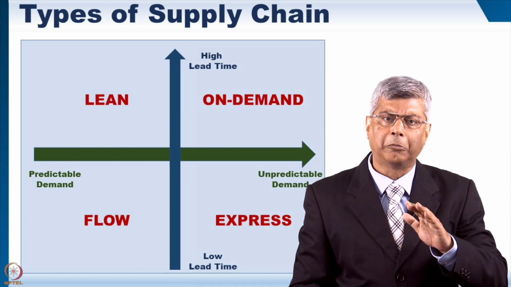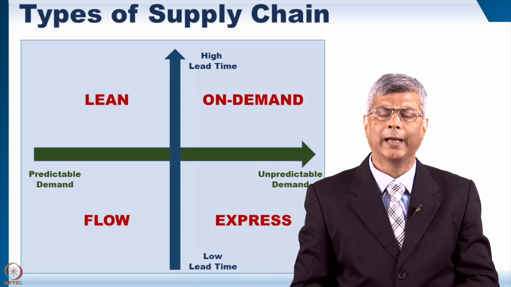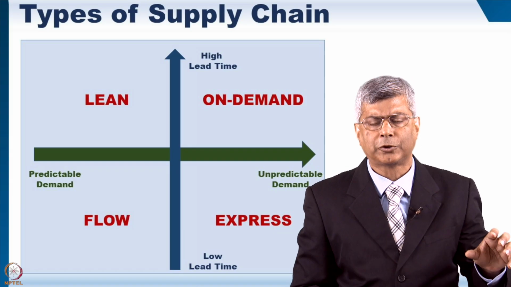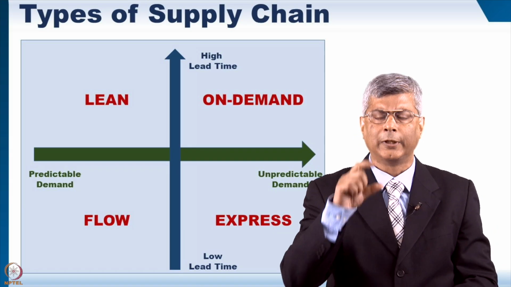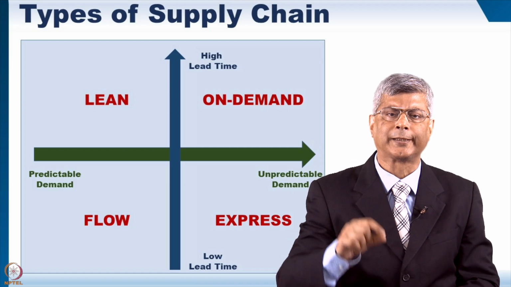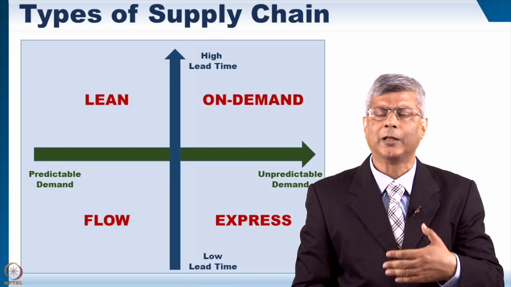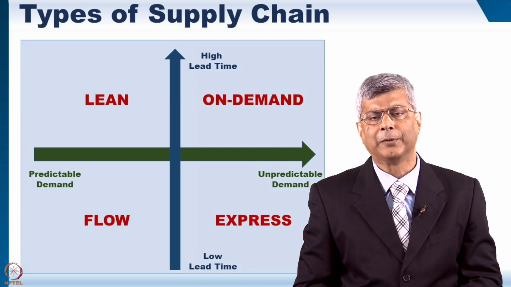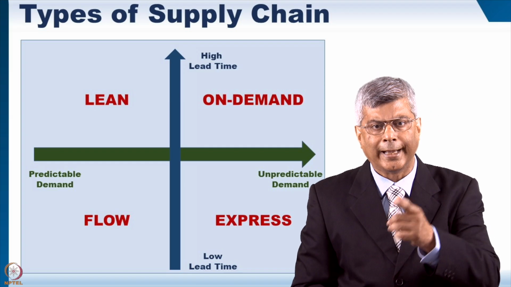Someone is almost in a life and death situation, and some medicine has to be brought in within hours. So lead time is very short because there's a life at stake. But the demand is unpredictable. You never know when that illness will happen, when the patient will come. Then you use the express supply chain.